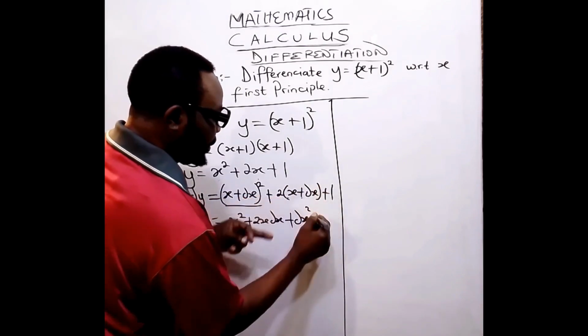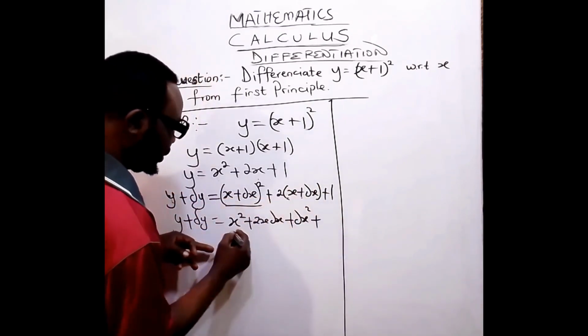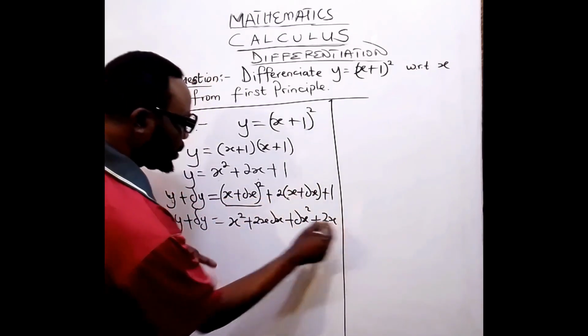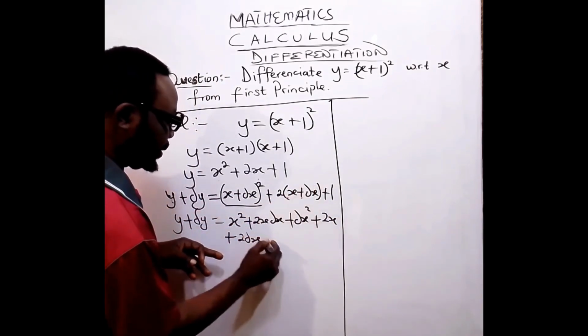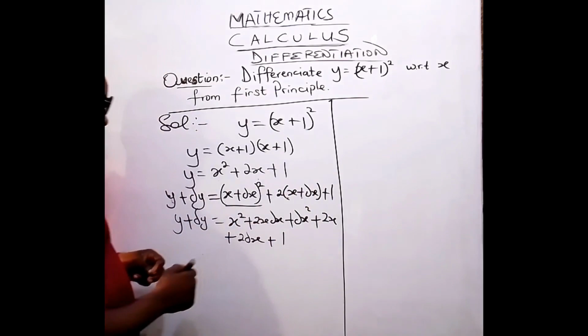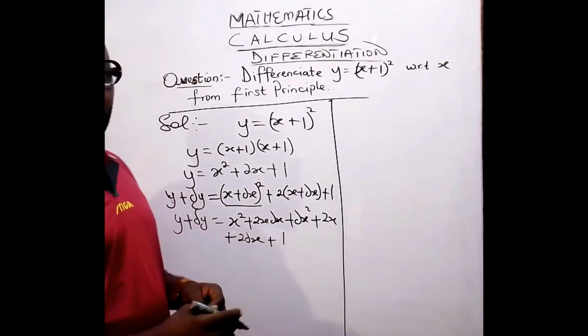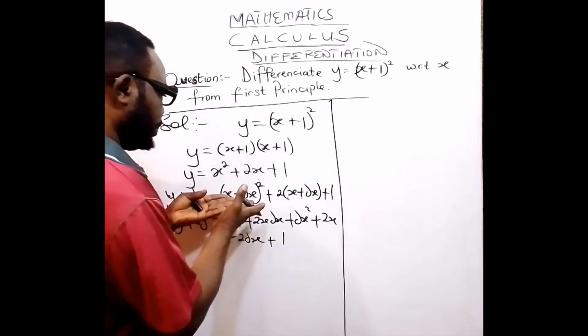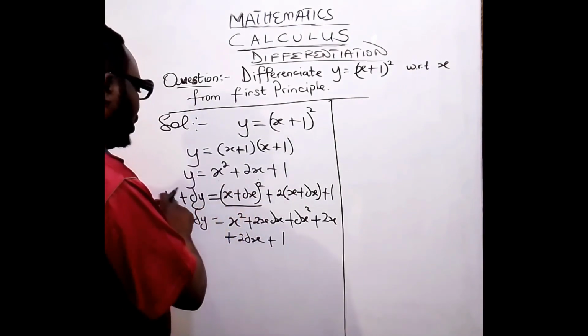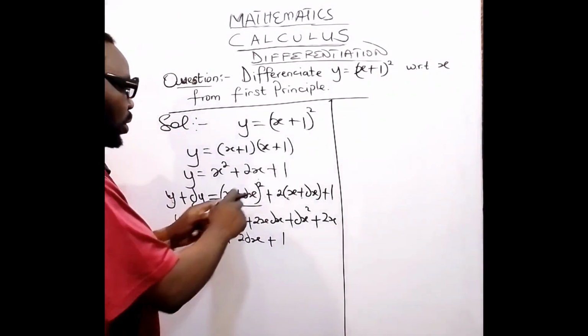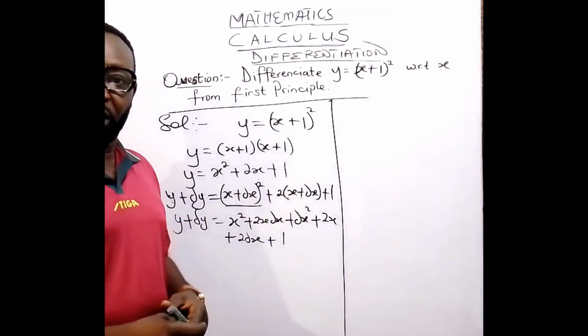Then I open up this bracket, plus 2 times x is 2x, plus 2 times dx is 2dx, plus 1. Now, having got this, we have been able to make the expansion that happened to y also happen to x as well.